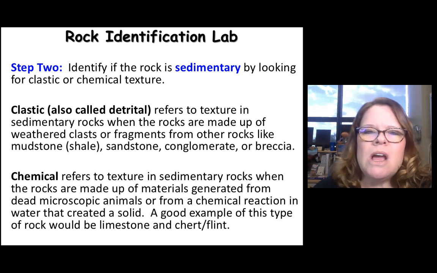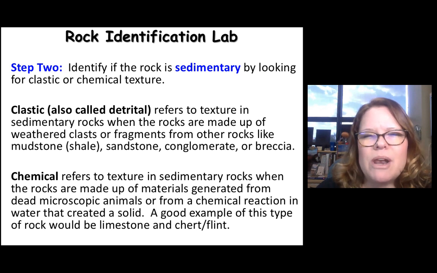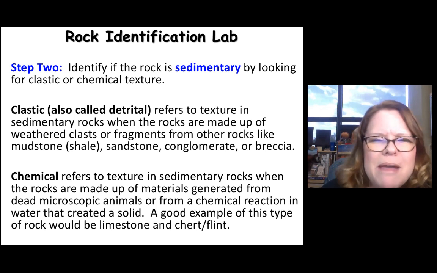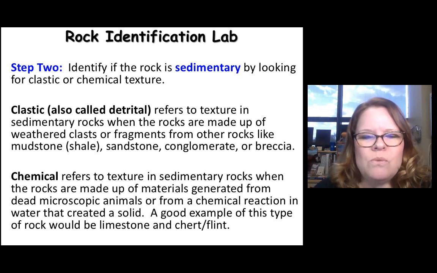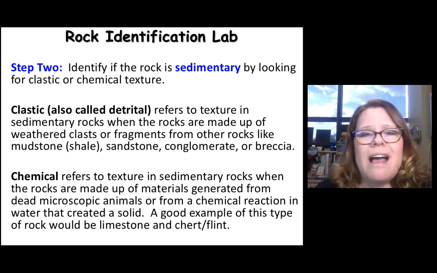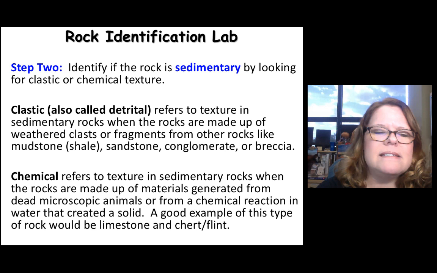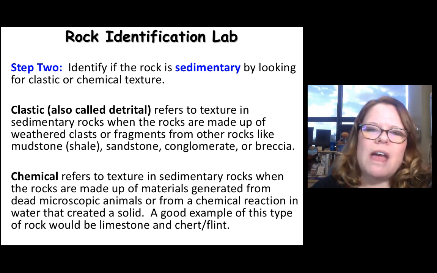For example, is it a shale, which is mudstone, like paper thin? Remember that when I'm going through the lecture, I'll say something like, oh, that's a paper-thin rock. Sandstone is coarser. Then there's something between sandstone and shale called siltstone. Conglomerates have 50% or more rounded clasts or sediments in the rock. Breccia has 50% or more angular sediments and clasts. So these are rocks broken down from other rocks.